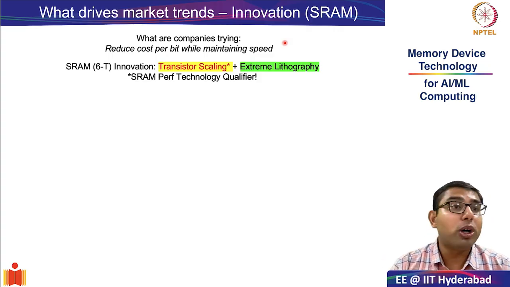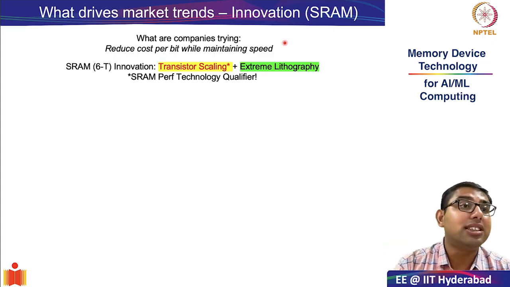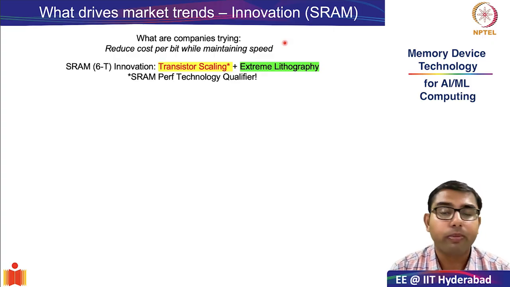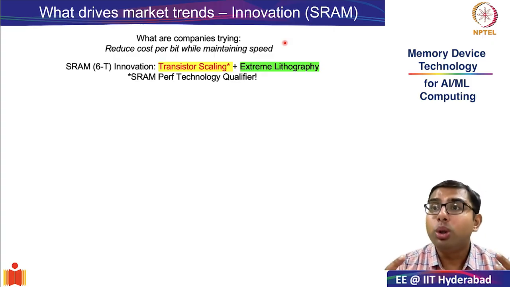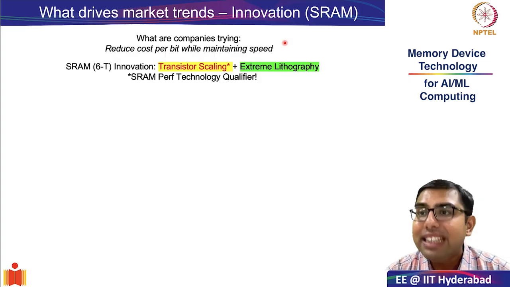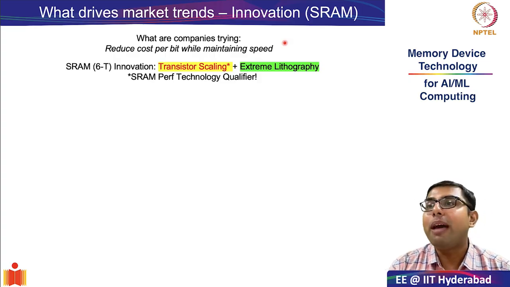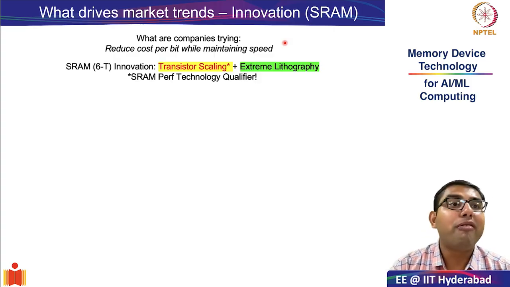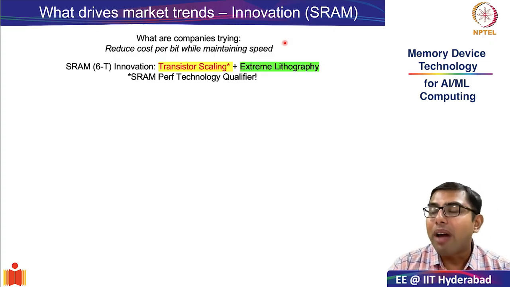That was only possible by reducing the size or the footprint of the fundamental unit of computation, which is the transistor. So this law of transistor scaling has also benefited SRAM cells because you are now able to pack more bits into a small footprint. This, along with the ability to do extreme lithography, has made sure that SRAMs continue to give better and better performance as time passes.